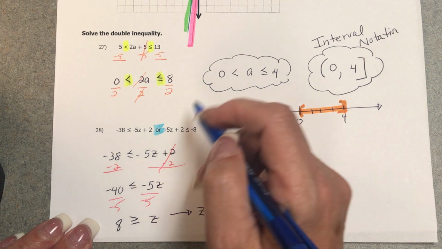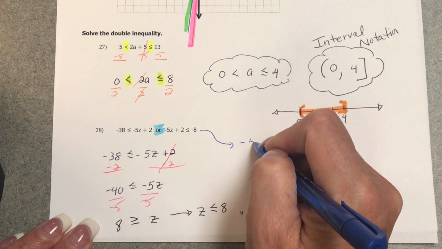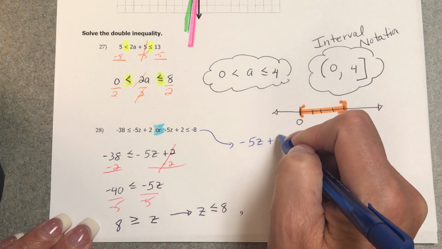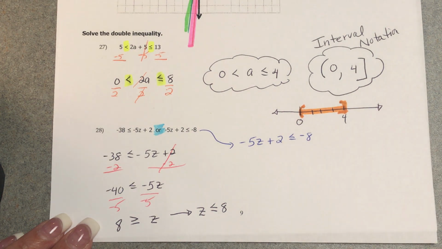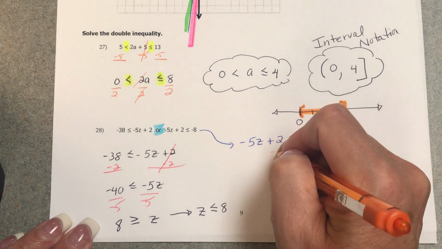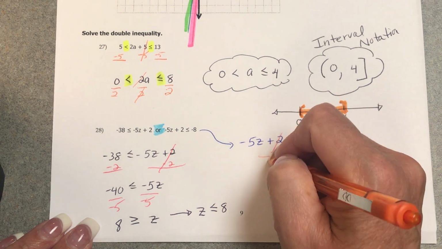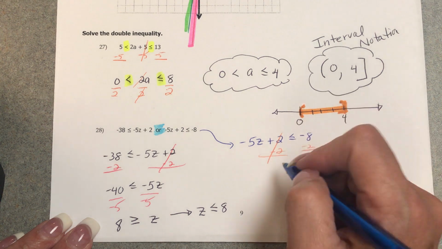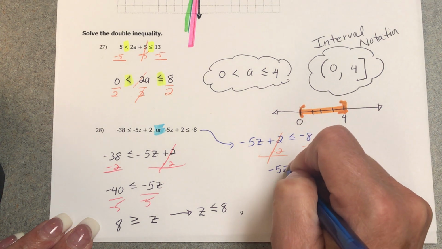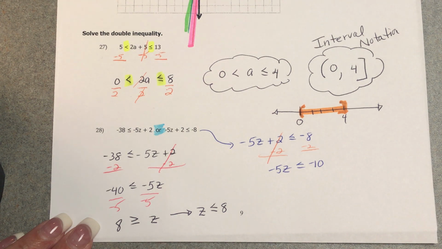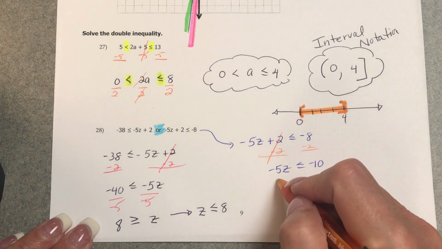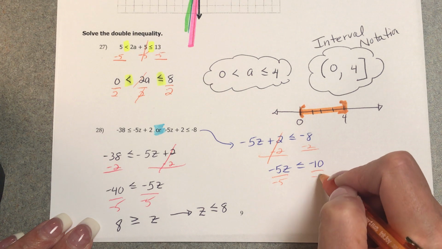And then you've got this equation here, -5z plus 2 is less than or equal to -8. For this one, I would subtract 2, cancel that out. That's going to give me -5z is less than or equal to -10. And then I'm going to divide by -5, but here we go again.